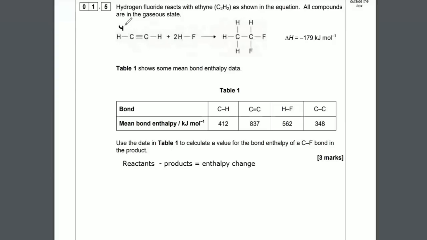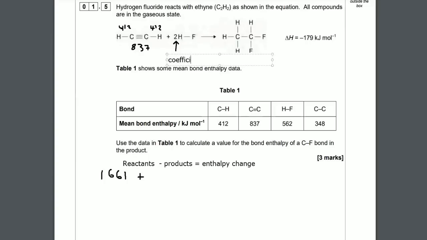So let's start off by working out the total bond energy for the reactants. We want the ethyne bond energy, so 412, 412, and 837. Put that in the calculator and then add that to the coefficient here of 2 times HF. So first of all, 412, 412, and 837 equals 1661.